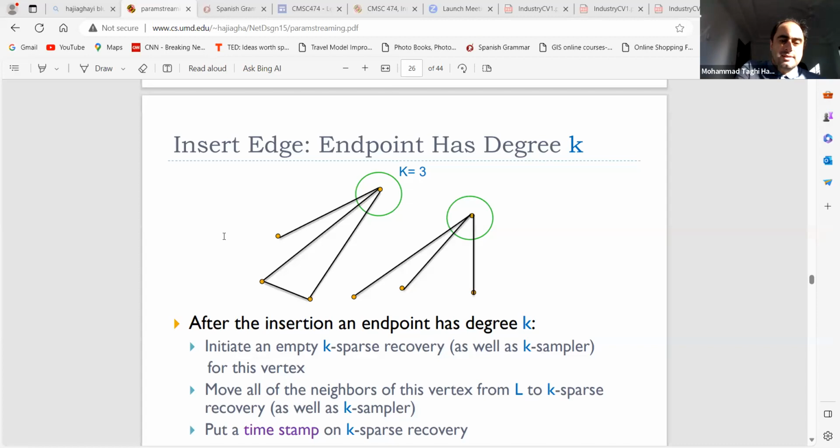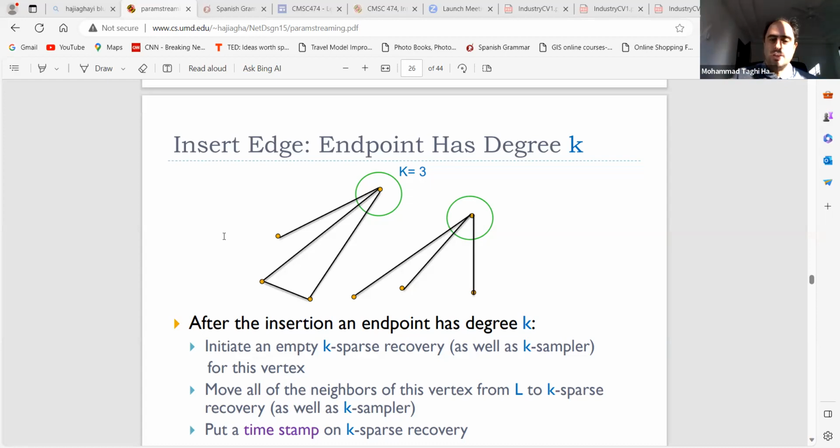In this case, for that endpoint that has degree k, you will initiate an empty k-sparse recovery as well as k-sampler. Then you will move all the neighbors of this vertex from L to this k-sparse recovery or k-sampler. And you will put a time stamp on this k-sparse recovery.